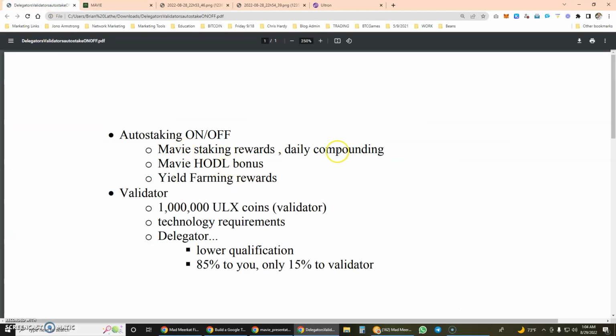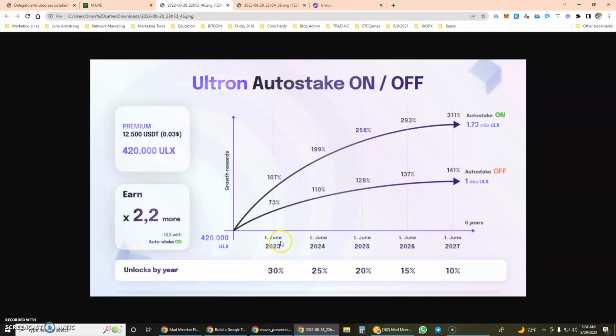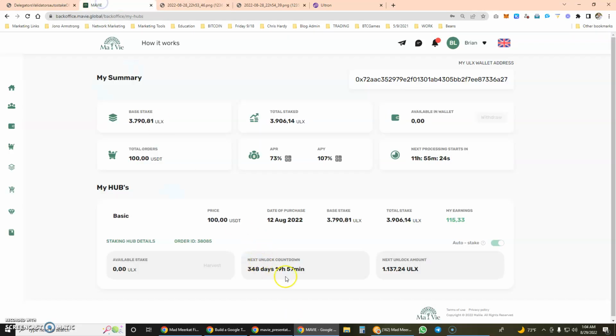because I'm getting those rewards. Now, if I go into this chart right here, if I were to turn my auto staking off, I would be following this trajectory right here, and you'd be getting those unlocks according to the time process shown right here.